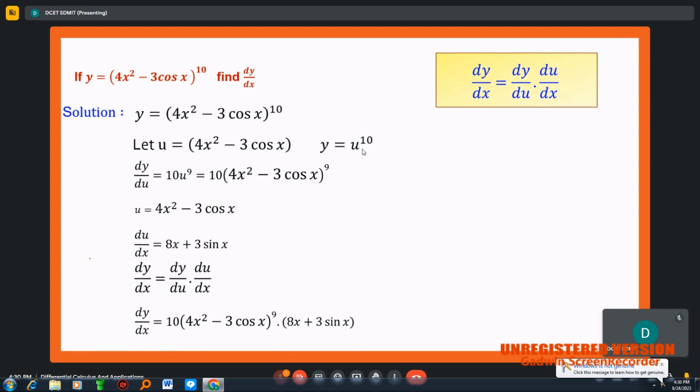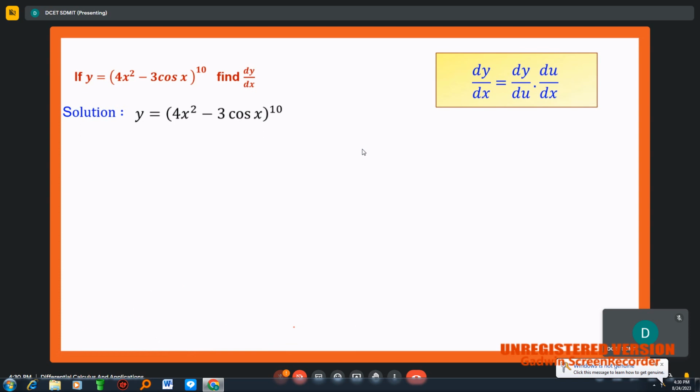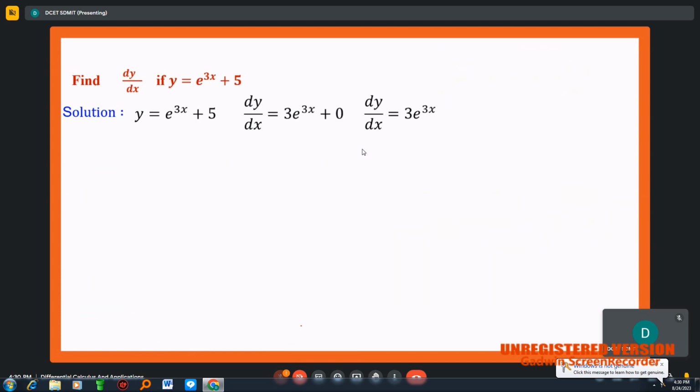Next. See here. y is given. What is y? y is nothing but e to the power of 3x plus 5. Now we have to find dy by dx. We have to find the differentiation of e to the power of 3x.